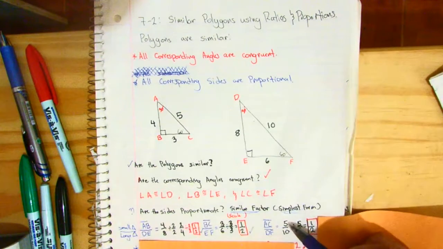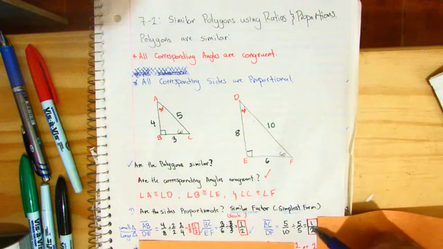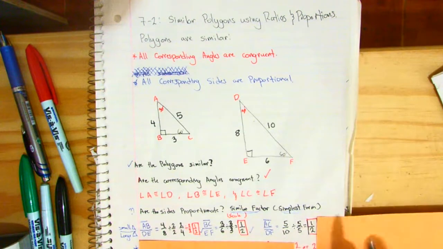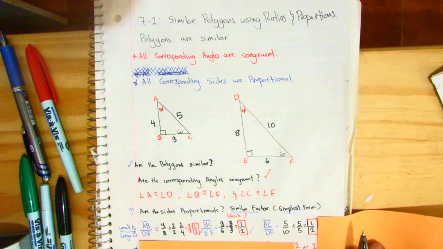Once again, 5 over 10 is the same ratio as 1/2. 5 is 1/2 of 10. I hope that's easy to understand.